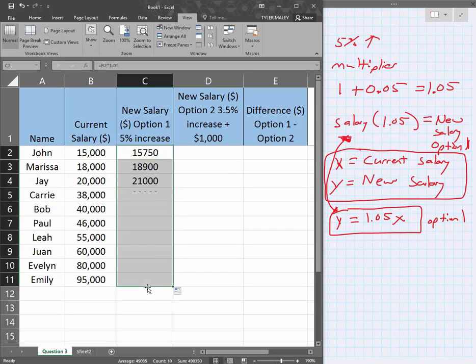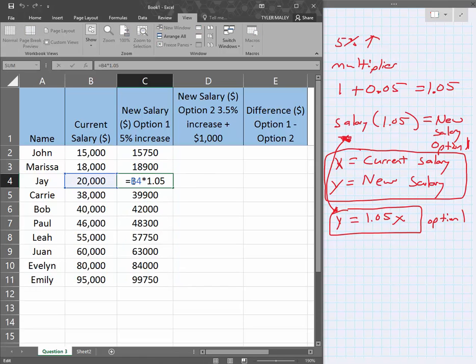If I pull it down, it'll do that all the way down. If I double click here, it shows it's taking whatever values are to the left times 1.05. So to get this cell, I would take 40,000 times 1.05, which is what's going on here.